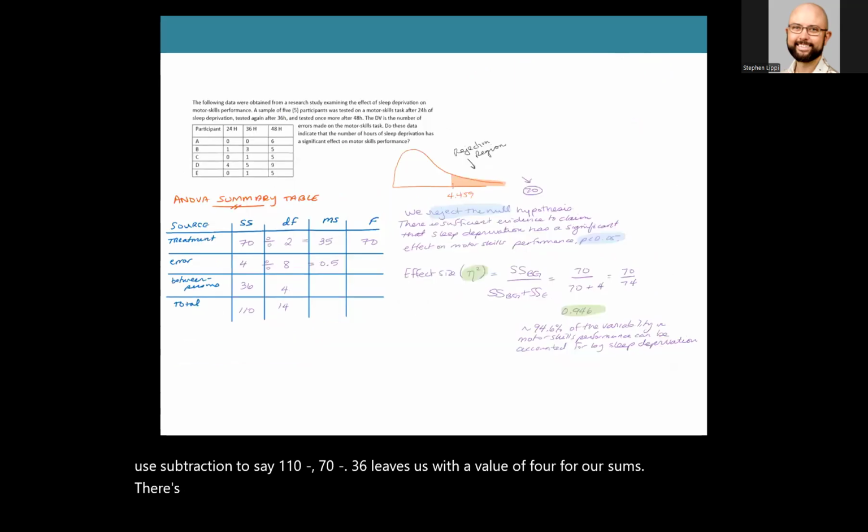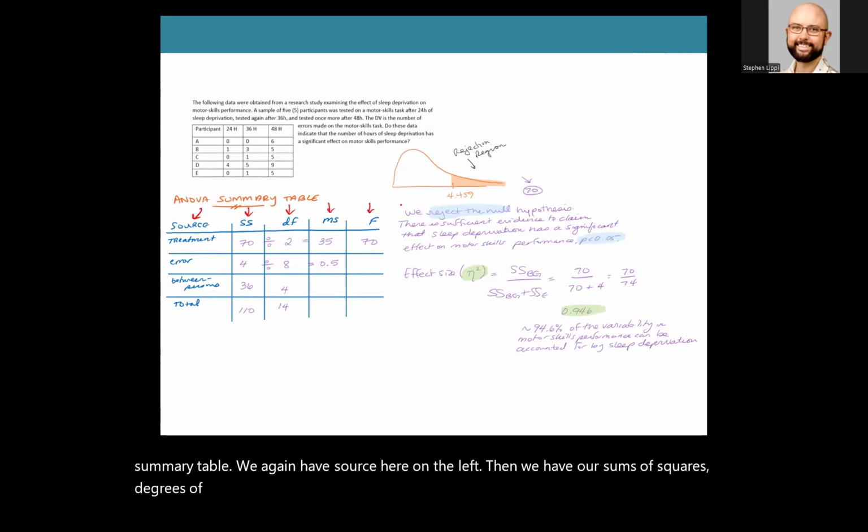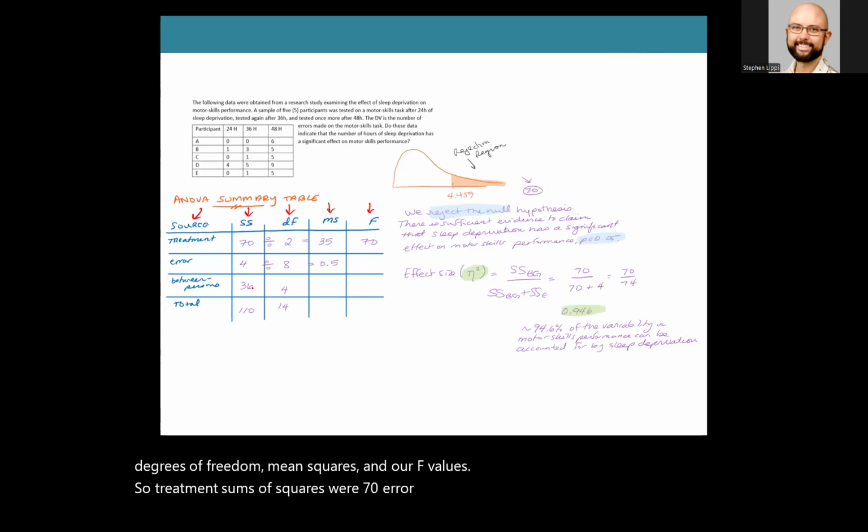And once we have these terms, what we can do is just fill in our ANOVA summary table. We again have source here on the left. Then we have our sums of squares, degrees of freedom, mean squares, and our F values. So treatment, sums of squares was 70, error was 4, between persons is 36, total 110.